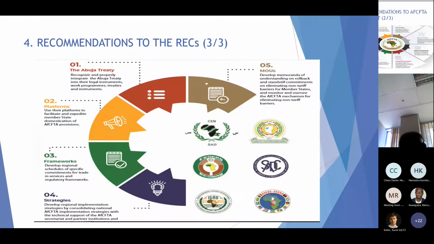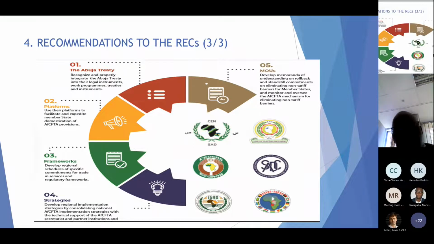So now with regard to the RECs, they are requested to integrate the Abuja Treaty into their legal instruments, work programs, treaties, as well as instruments. They're also requested to use their platforms to facilitate and expedite member states' domestication of CFTA provisions.